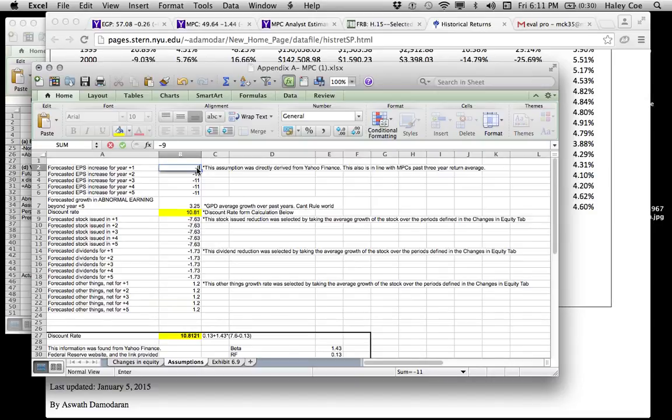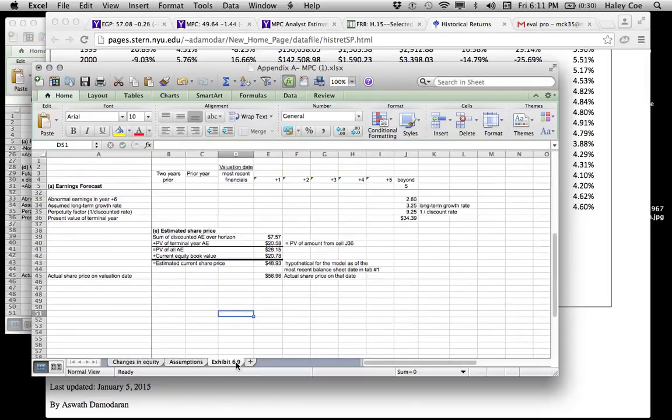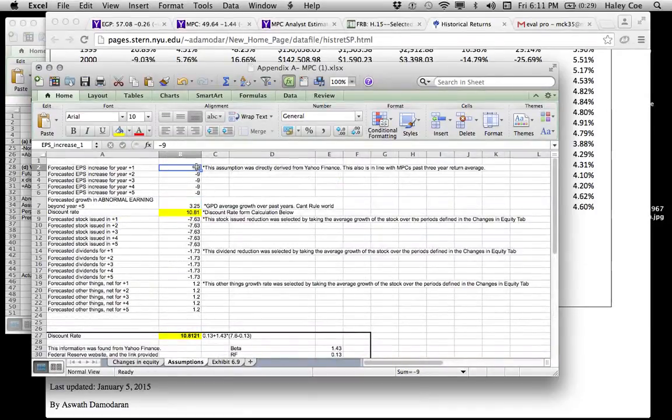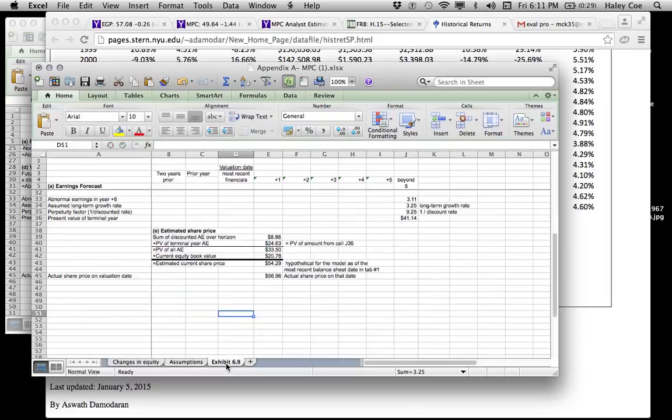That gets us closer. We'll go negative 9. It's getting us closer. It's just showing that a negative balance essentially will bring us down to where we need to be with the current discount rate and abnormal earnings. There you go, minus 5%.